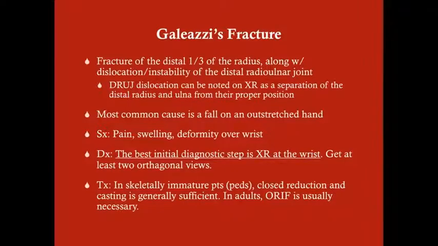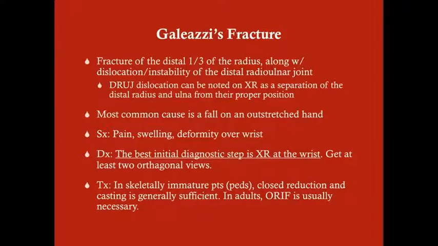At your joint, where the radius and the ulna come together, they should be relatively close to one another, if not right next to each other. What you have in Galeazzi's fracture is the radius and the ulna distally will be separated, and that's called distal radio-ulnar joint dislocation. DRUJ dislocation.